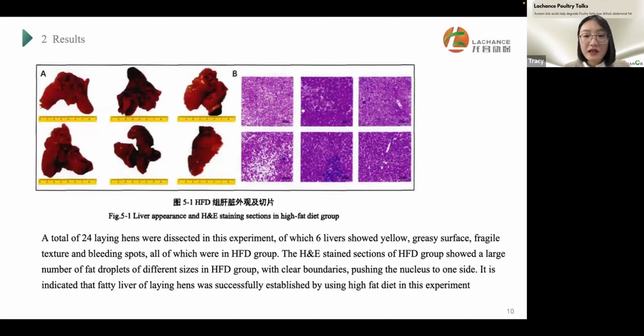They also showed fragile texture and bleeding spots, all of which were in the HFD group. So it indicated that fatty liver syndrome of laying hens was successfully established by using high fat in this experiment.